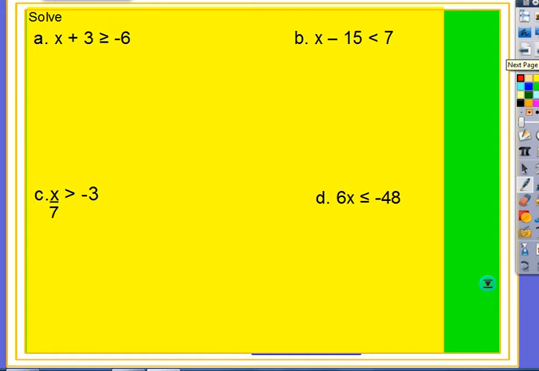The following 4 are a quick example of one-step inequalities.